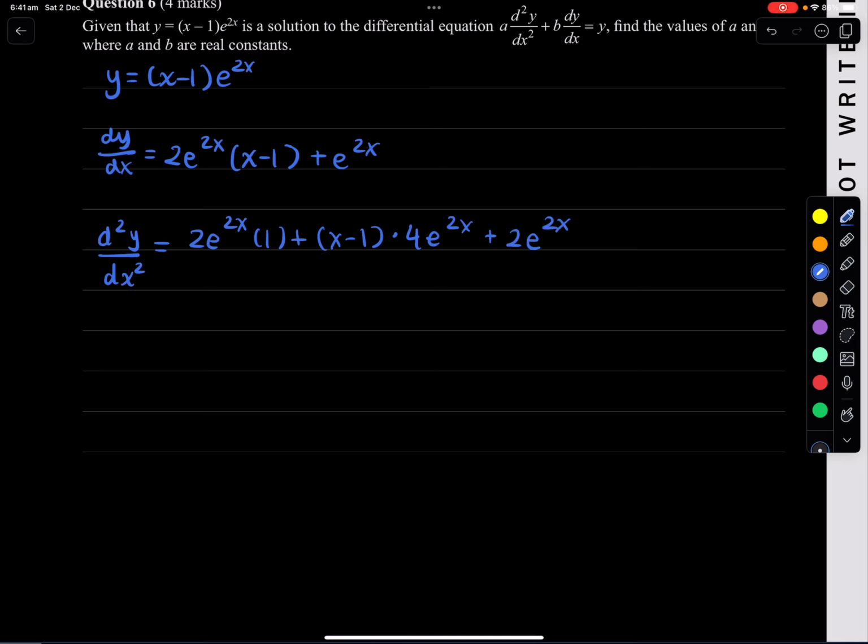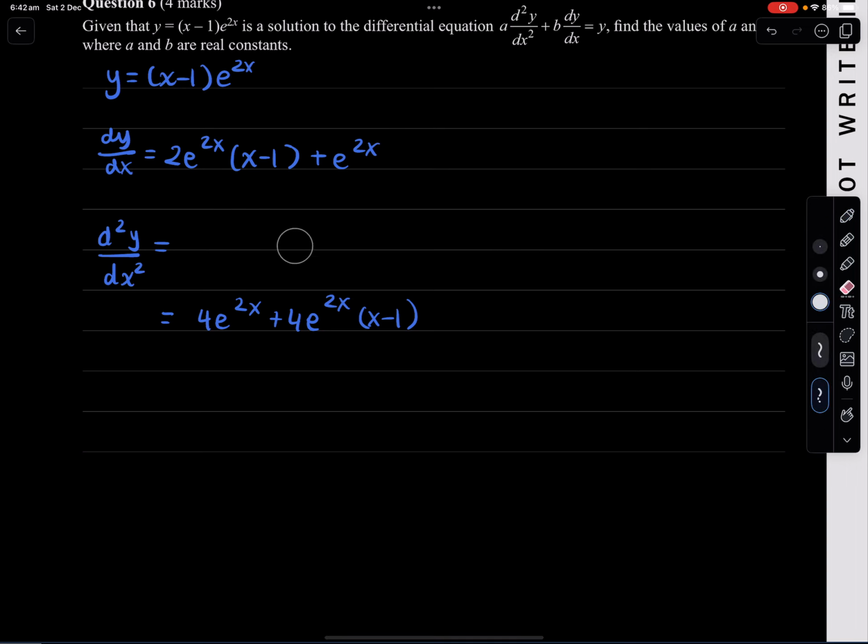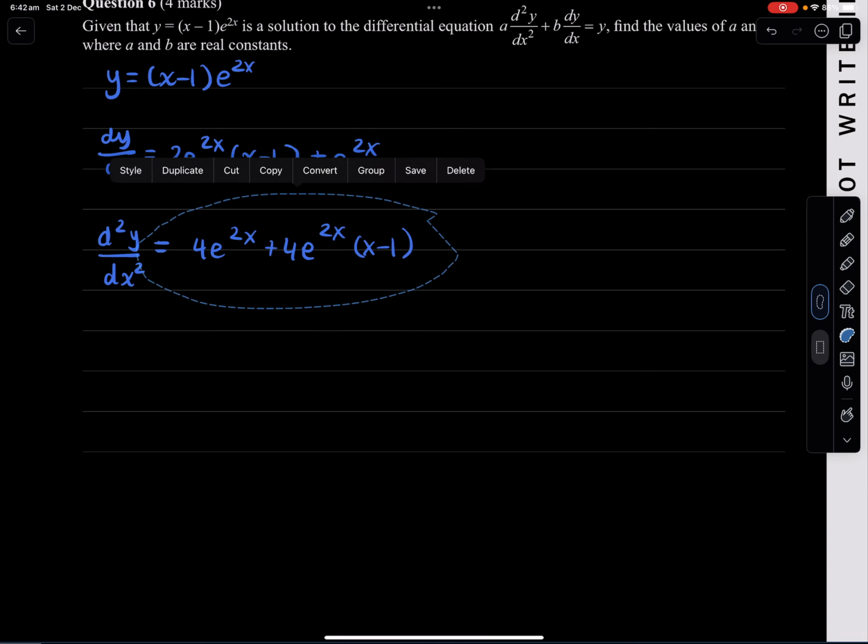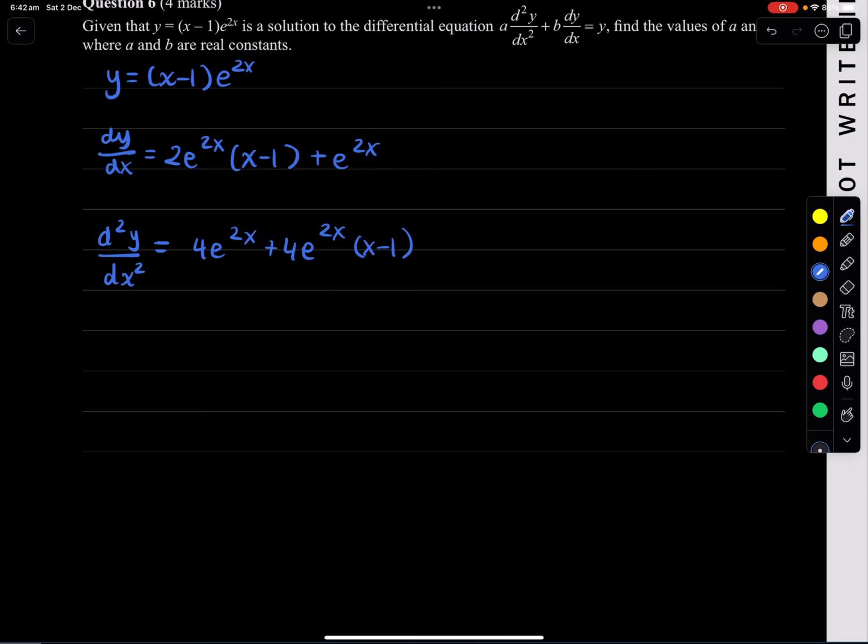Okay, and I think we can simplify that. So that will be 4e to the 2x plus 4e to the 2x (x minus 1). Nice. So I'm just going to put that simplified expression right over there.